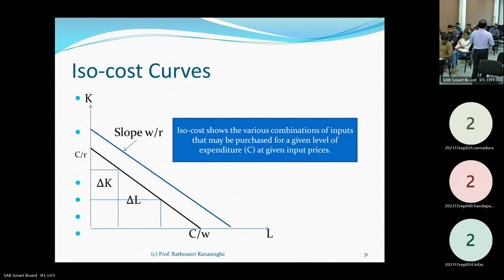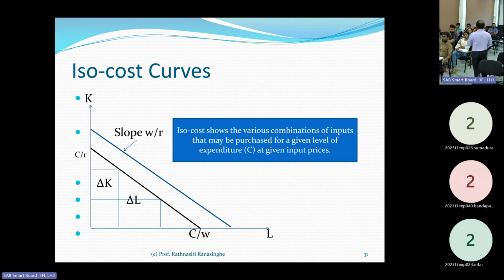Based on that, we can decide how we allocate the income. So that is the budget line. You spend your total income among the two goods.